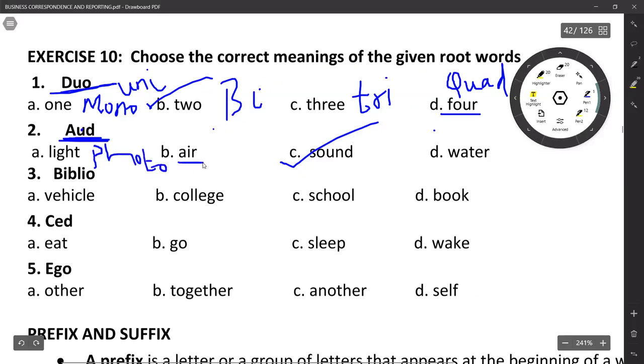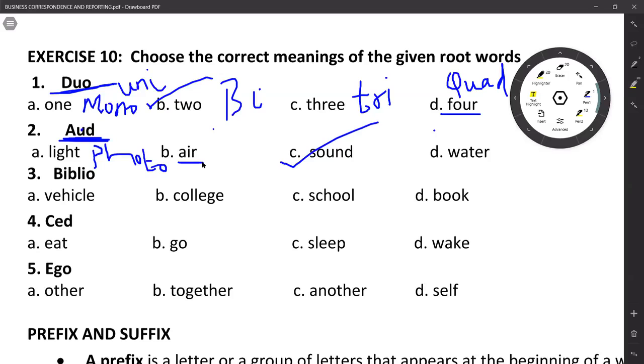Correct. Air. What is the root word for air, everyone? Anyone? Think, guys. Come on. Analyze. Any answers? Hydro is water. Correct. That's correct.